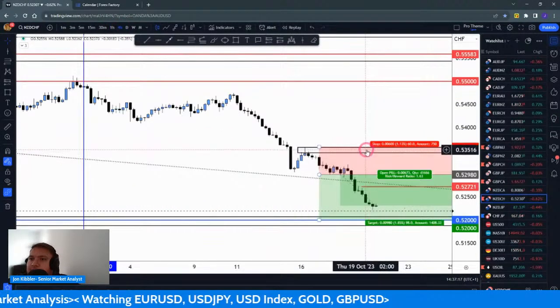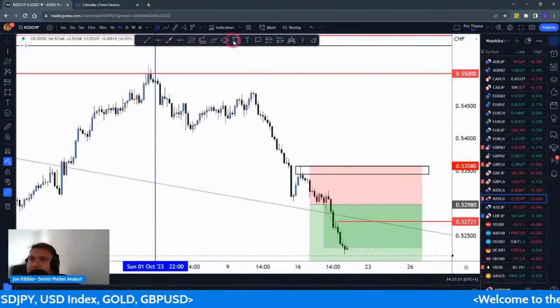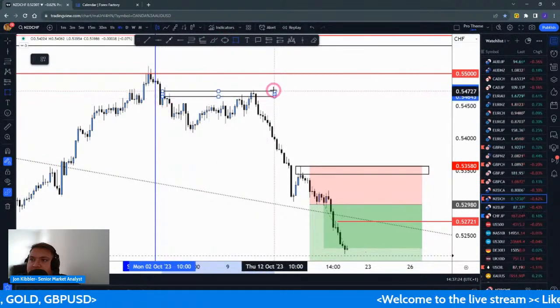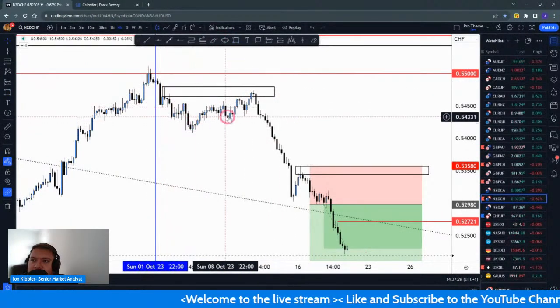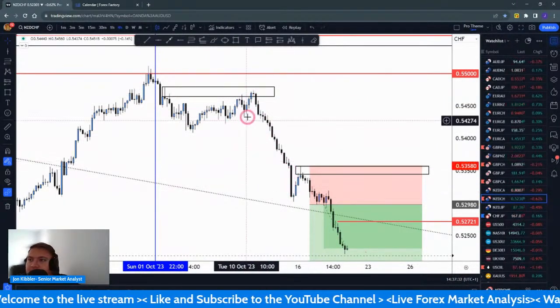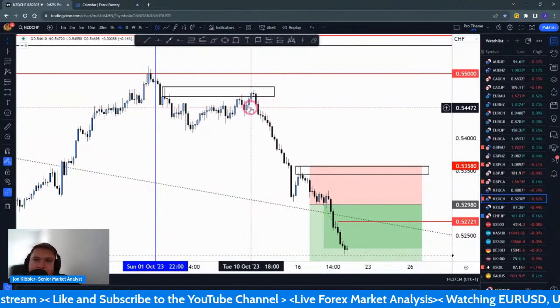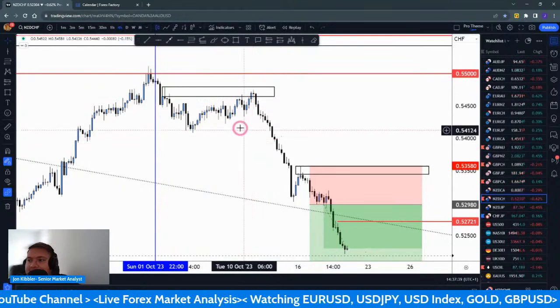If we take a look at the 4-hour time frame as well, what I would typically have looked for was price to come back into a key level. You can see here we had that lower high, price traded lower, came back to that area and then broke to the downside as well. So there's a couple of areas where I probably could have got short a lot sooner than I did.